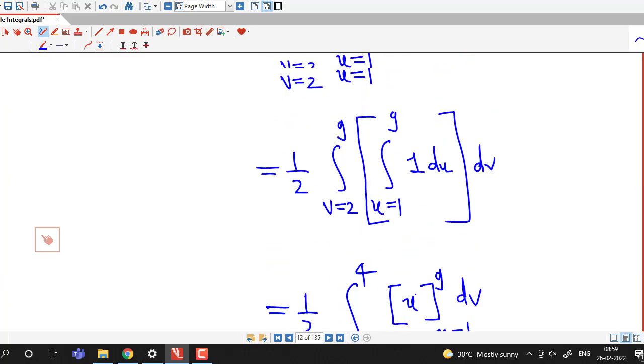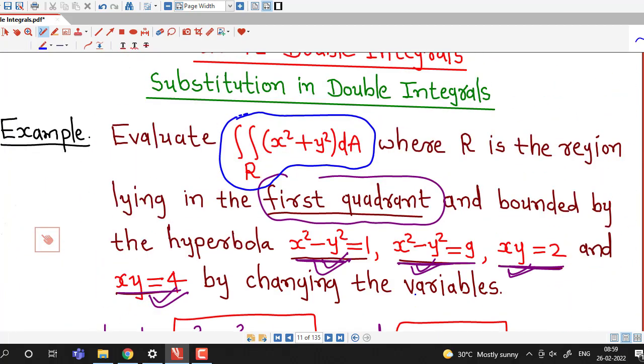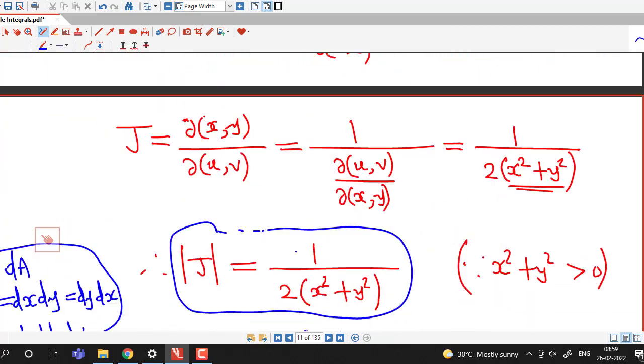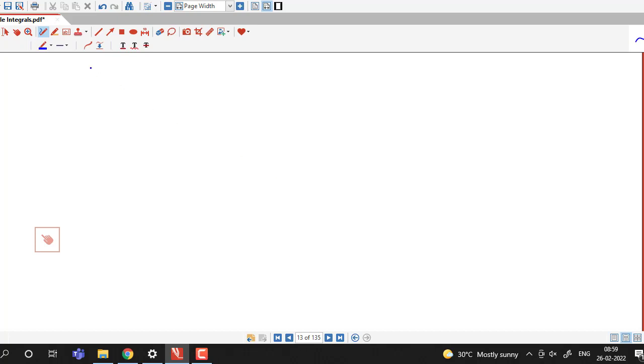So we are able to easily integrate over the region bounded by these 4 hyperbolas. Now suppose we are not changing the variables, then it will not be as easy as we have done this problem using the change of variables. If you are not changing the variables, you have to sketch these 4 hyperbolas.